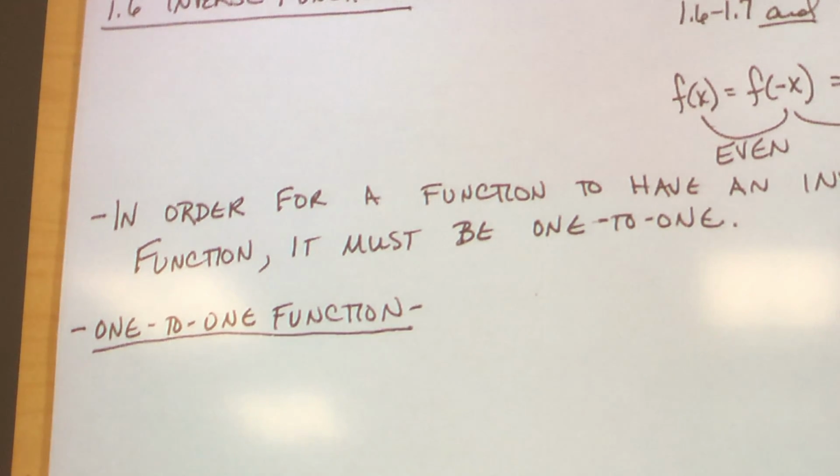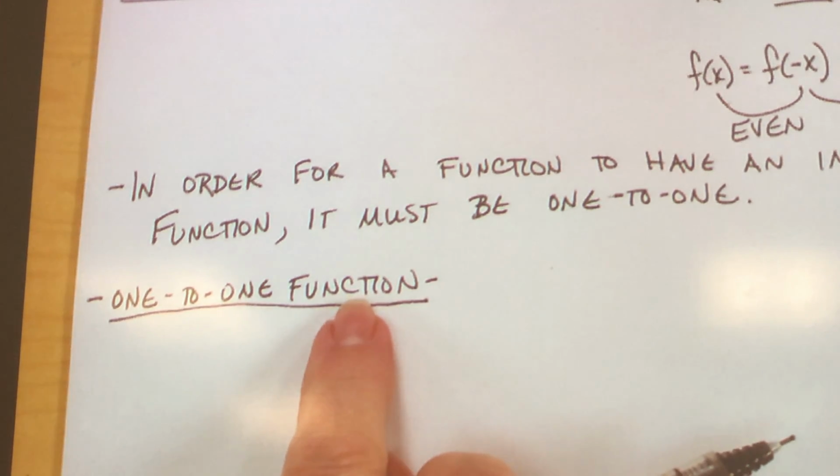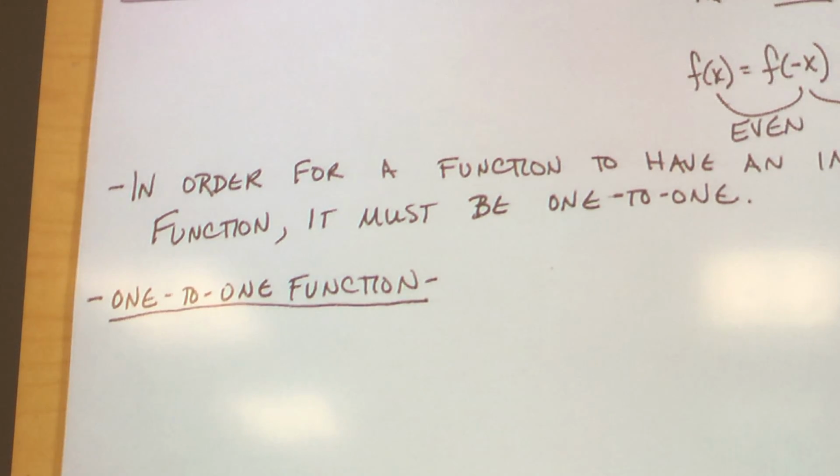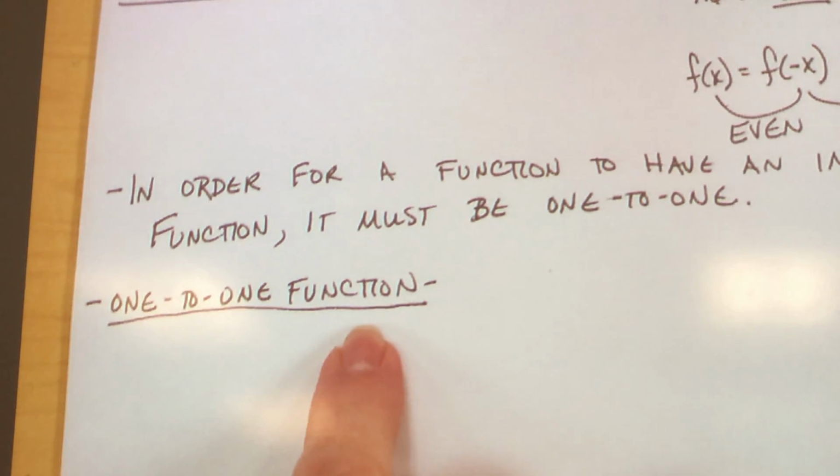So, y'all listen to me. Let me ask you this question first. If it is not a function, could it be a 1-to-1 function? No. If it's not a function, it obviously can't be a 1-to-1. This is a very specific function. All right, so, yes, 1-to-1 function.